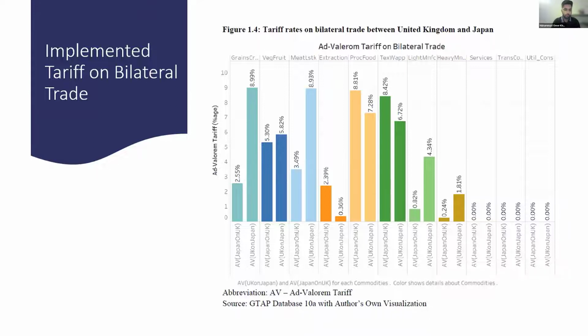If you want to decrease the tariff by 50%, in the shock value you add minus 50%. As you are decreasing the tariff by 50%, you add a minus sign.